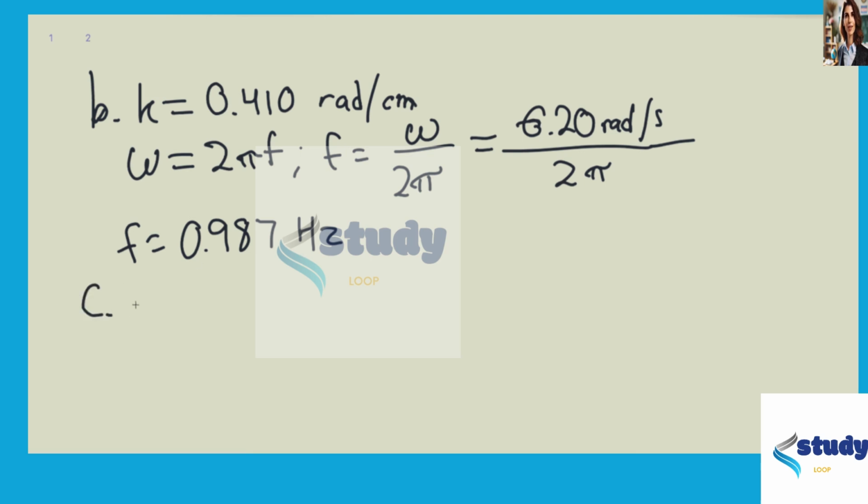At this point, for C, they're asking us for the speed of the waves moving past the fisherman. So we can say that the speed of propagation is equal to the product of the wavelength and the frequency.